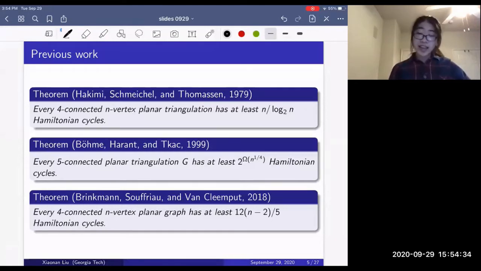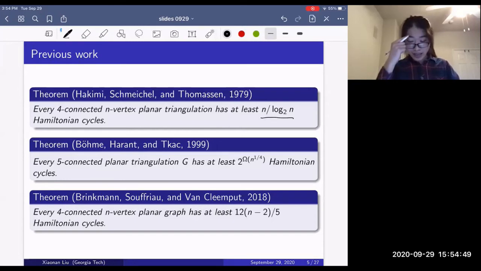Also in 1979, in the same paper, they proved that every 4-connected n-vertex planar triangulation has n over log 2n Hamiltonian cycles.